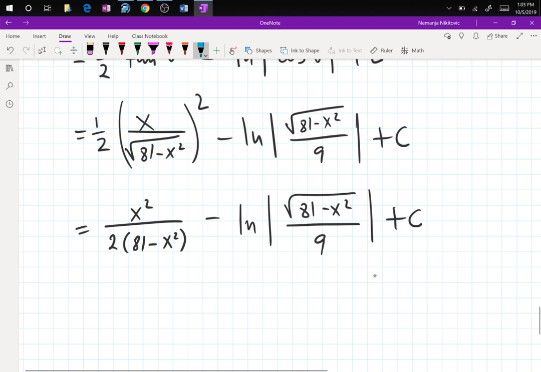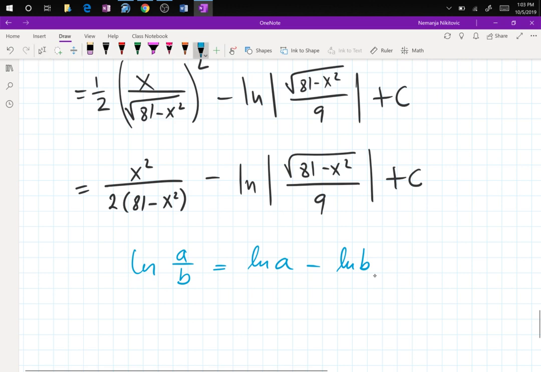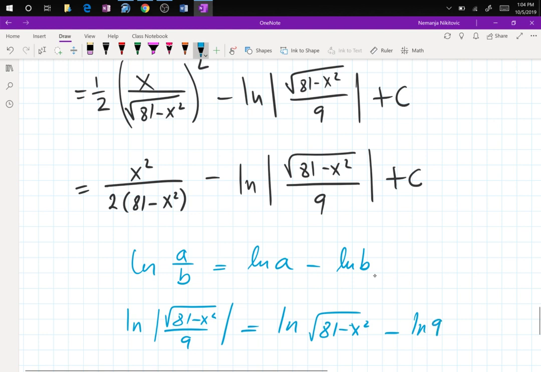If you use the log identities, ln of a over b is ln of a minus ln of b. That would make ln of square root of 81 minus x squared over 9 as ln of square root of 81 minus x squared minus ln of 9.